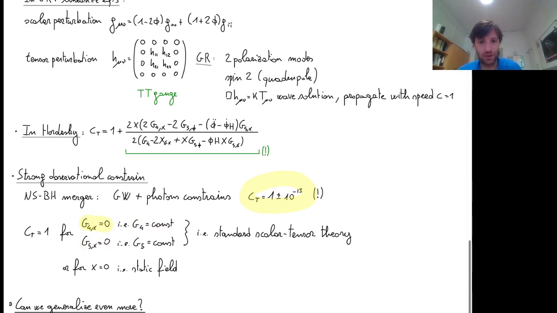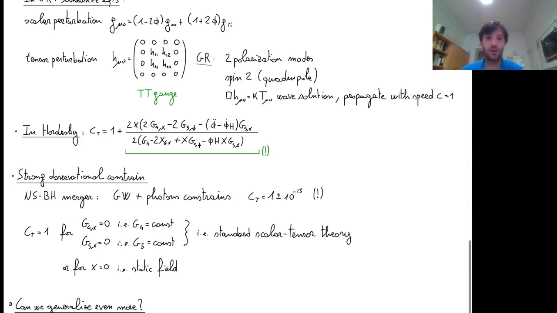Okay? So the derivatives of G4 and G5 with respect to the kinetic term must be equal to 0. You see, equal to 0, equal to 0, equal to 0, then this term is equal to 0. Again, what does it mean if these derivatives are equal to 0? It means that G4 must be a constant and G5 must be a constant. Okay? This is a constraint coming from these gravitational wave measurements simultaneous to the emission of photons.